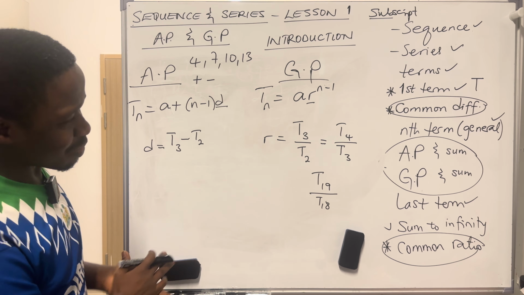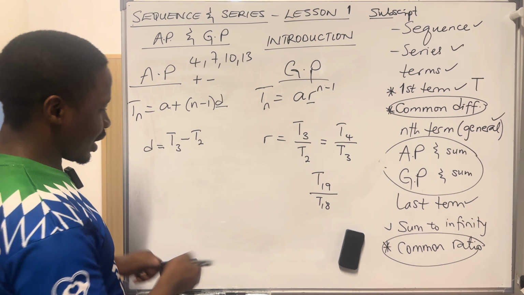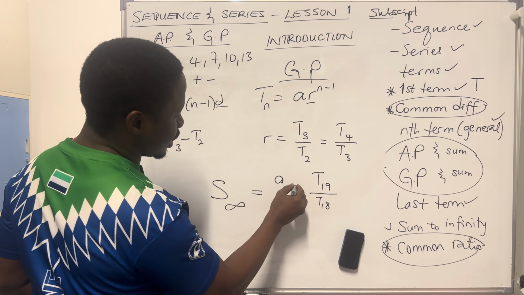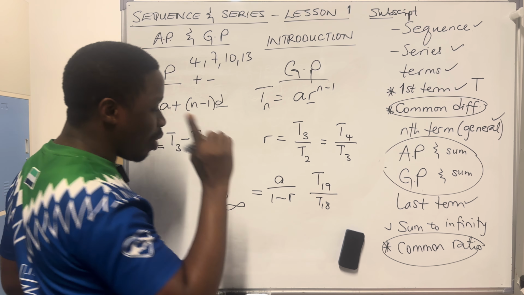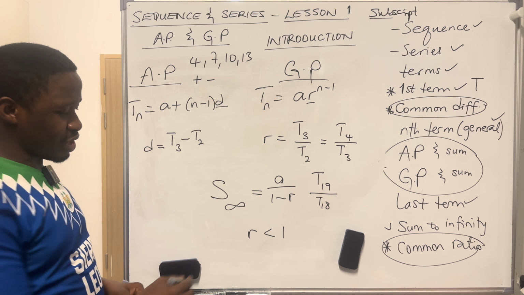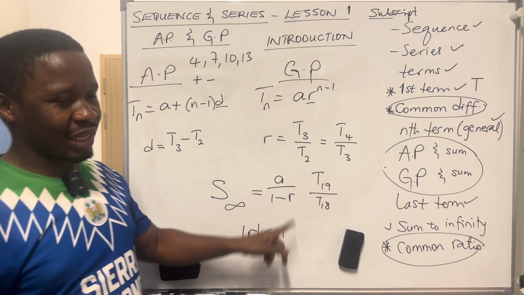So for basic mathematics, we only discuss sum to infinity in GP. The sum to infinity is A divided by 1 minus R. But R has to be less than 1. This is the condition. R has to be less than 1.